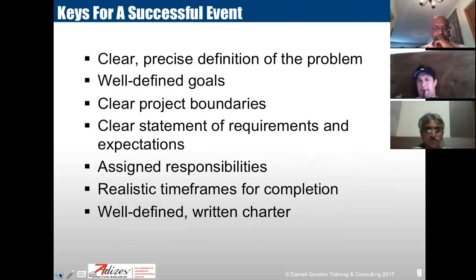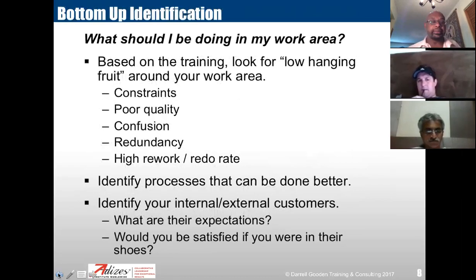Keys to success, much in the same vein of, Darryl, yes? Could you explain what throughput means? Okay, so throughput is the concept of: I am triggering the process when I give this widget to Mary. Mary is the first person in the process to do something with this thing. She finishes it, puts it down the line.